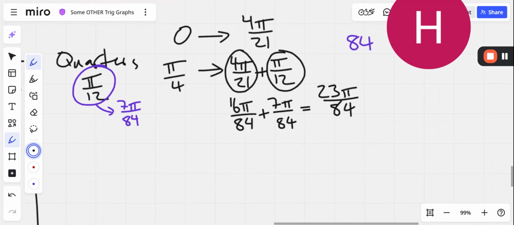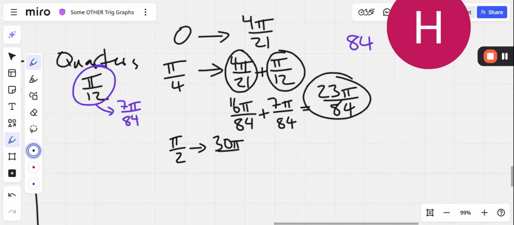And now it's very easy to see that pi over 2, which would normally be the asymptote, is going to be 23 pi over 84 plus 7 pi over 84 for a total of 30 pi over 84. You could also call this 15 pi over 42. Actually, even that reduces. These both reduce by 6, so this would turn into 5 pi over 14.